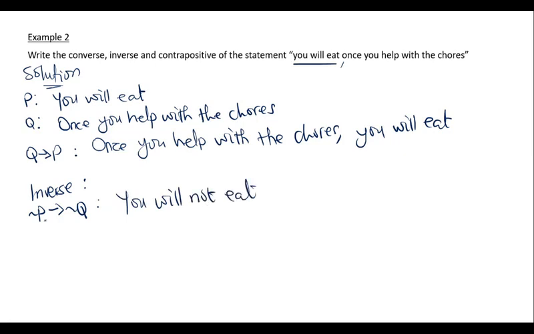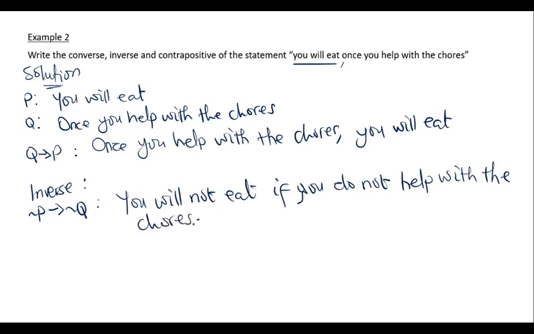The not over here is what the negation is for. So this is the inverse of the original statement.